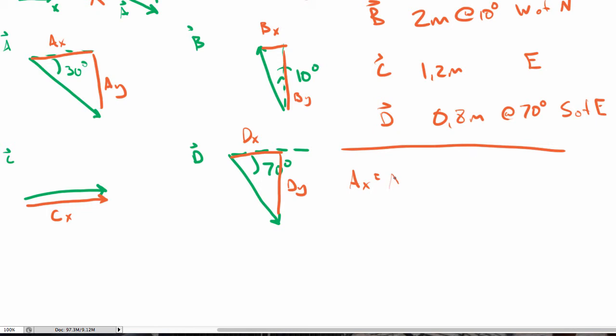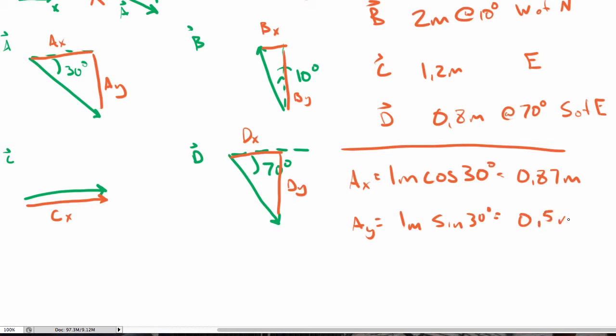So this is going to be 1 meter times the cosine of 30 degrees. And if you do the math really quickly, you should see that that's 0.87. Ay then must be 1 meter times the sine of 30 degrees. The sine of 30 is 1/2, so this is 0.5 meters.